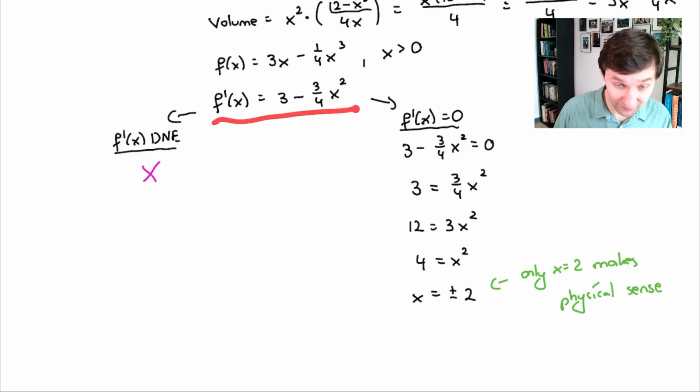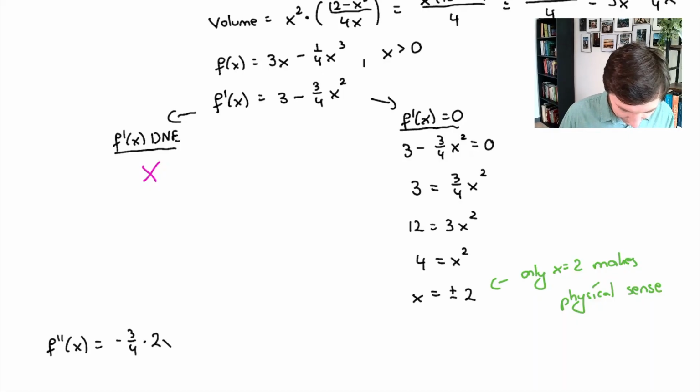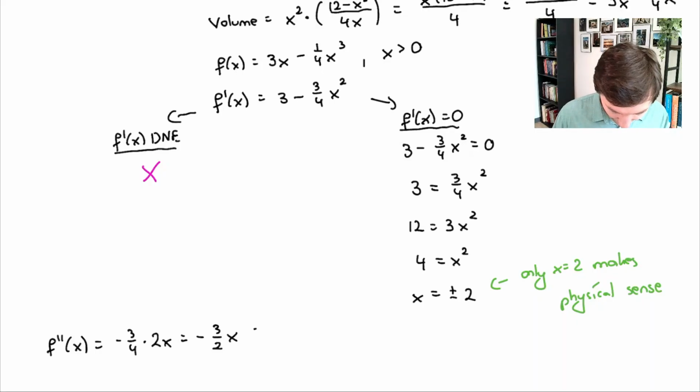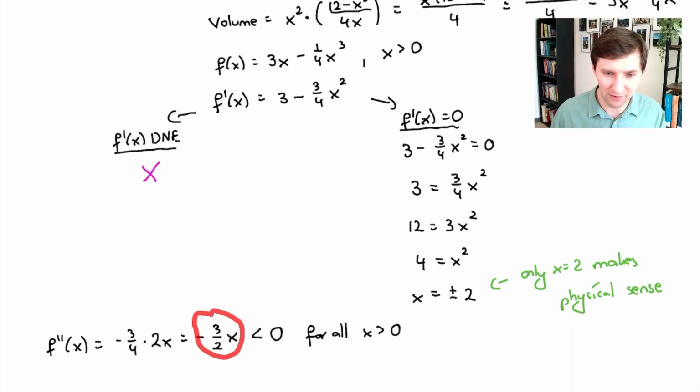I take the first derivative and I take the derivative of that derivative, and I get that the second derivative is negative 3/4 times 2x, which gives me negative 3 over 2 times x. Remember, the only x's you can plug in are positive x's. Only positive x's make physical sense, which means that this is always negative. This is negative for all x's greater than 0. No matter what x greater than 0 you plug in, this number will be negative.